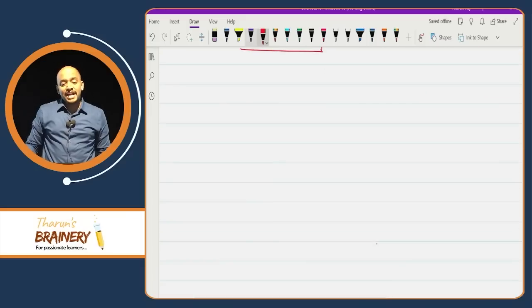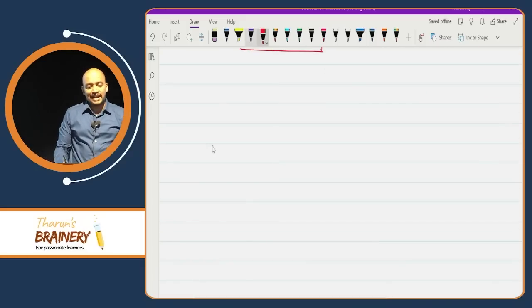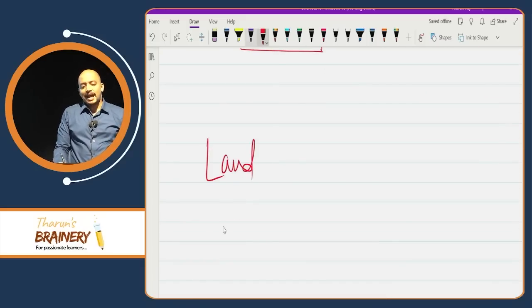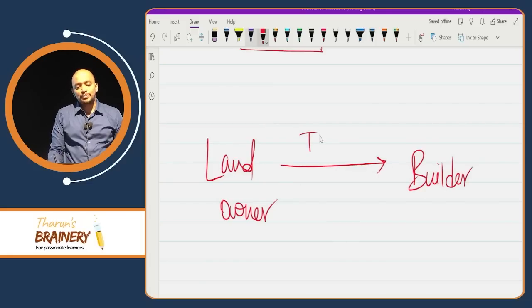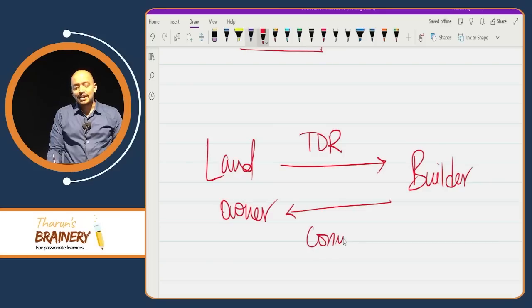So on transfer of TDR, there is a landowner who is transferring the TDR to the builder. For transferring the TDR to the builder, the builder will pay some consideration, and this consideration is covered under FCM or RCM?